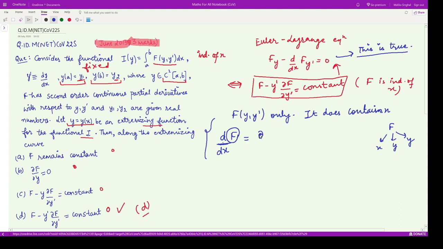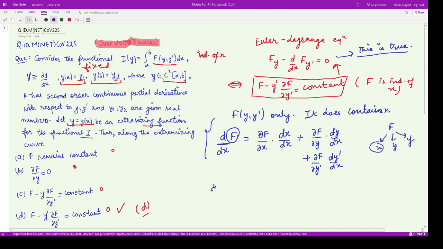So we have the partial derivative of f with respect to x, times the derivative of x with respect to x, which is 1, plus the partial derivative of f with respect to y times the complete derivative of y with respect to x, plus the partial derivative of f with respect to y dash times the complete derivative of y dash with respect to x.